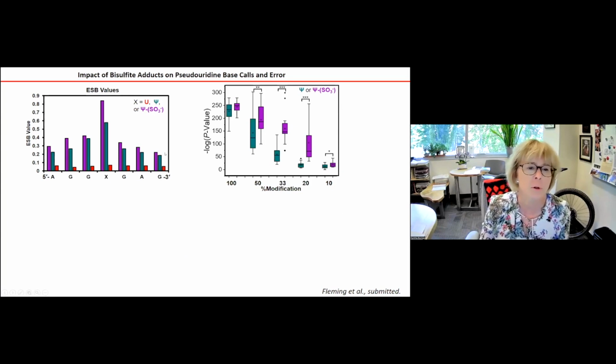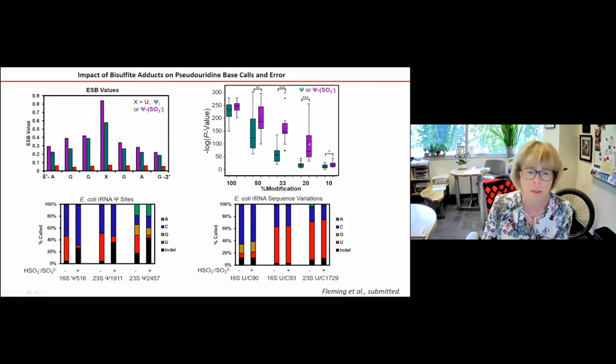So in the purple, the adducts are showing a huge error at the position X. And that gives us more dynamic range for looking at quantification of modification. At 10% modification, it may not be significant, but at 20%, we do see a difference between pseudouridine and the adduct. And so this is giving us more confidence that we could be more quantitative.